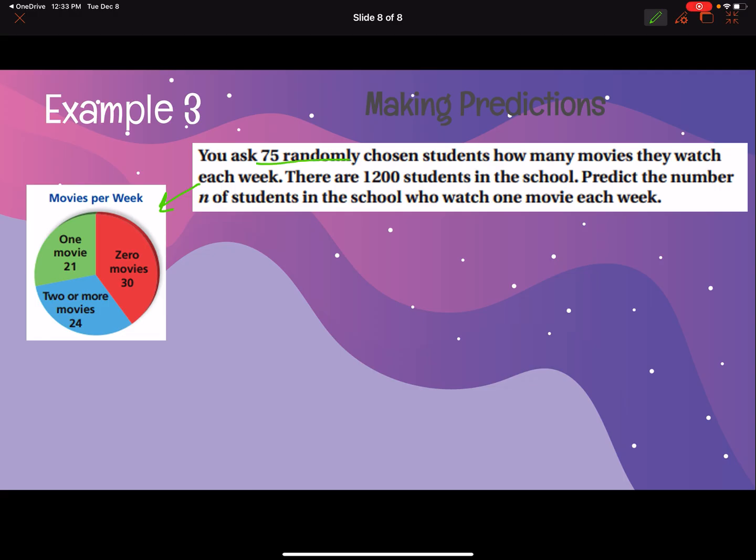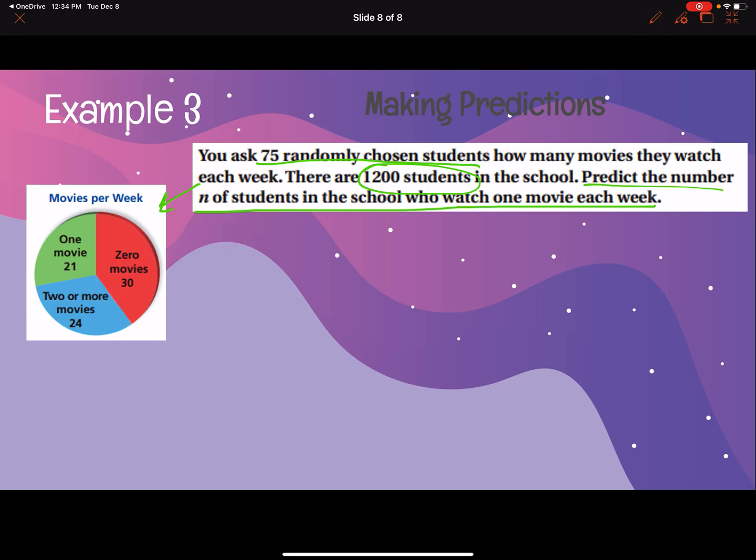You ask 75 randomly chosen students. That's what our graphic is based on. There are 1,200 students in the school. So we have our sample, and then we have our total population.